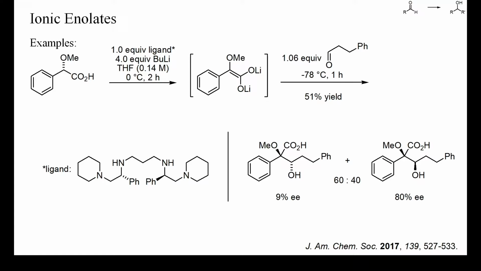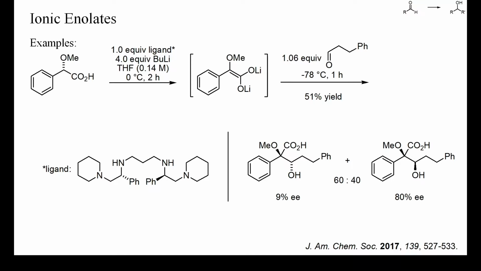Carboxylates with alpha hydrogen can be deprotonated a second time to yield reactive enolates. Without any additive, butyl lithium would add to the lithium carboxylate and convert it into a ketone. But in the presence of secondary amines, these are deprotonated much faster. Here, one of the two diastereomeric aldol addition products was even formed with relatively high enantioselectivity, despite the lack of any covalent bond between the chiral auxiliary and the enolate or aldehyde.